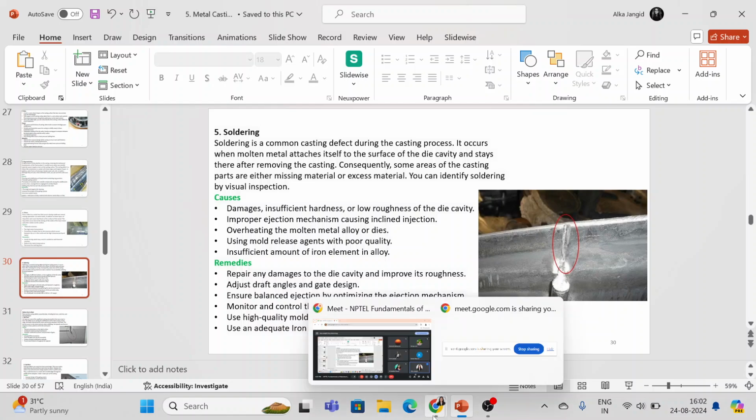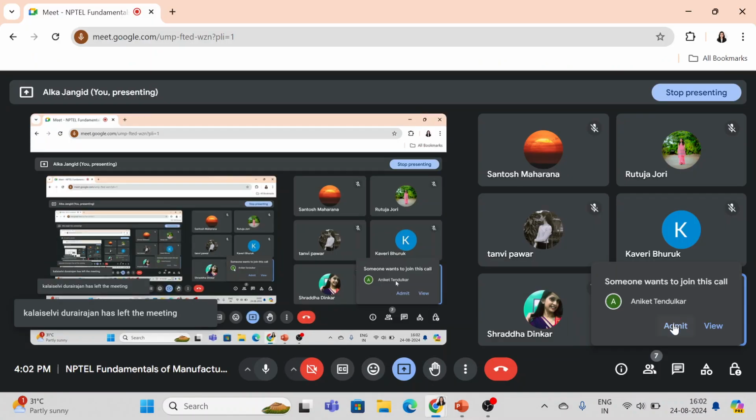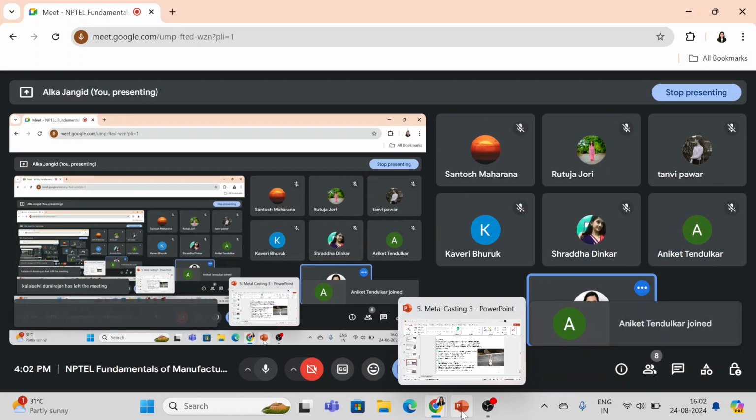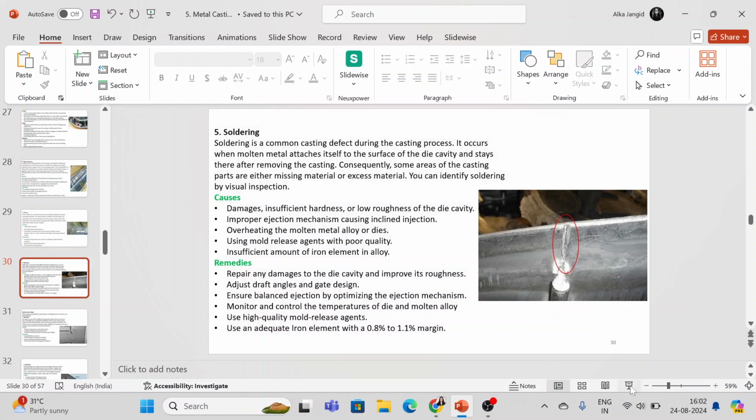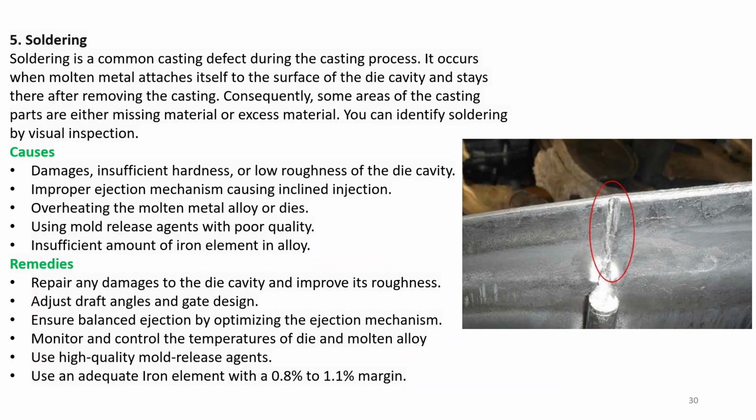So some allowances can also help with easier removal of the casting from the die cavity. So die cavity, if it's made of metal and graphite, then it can cause this soldering defect.